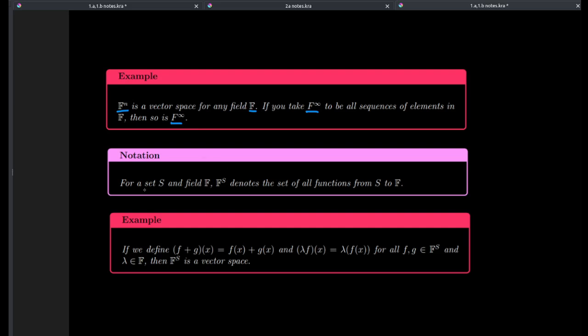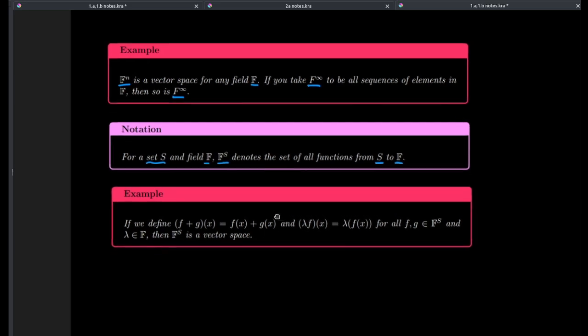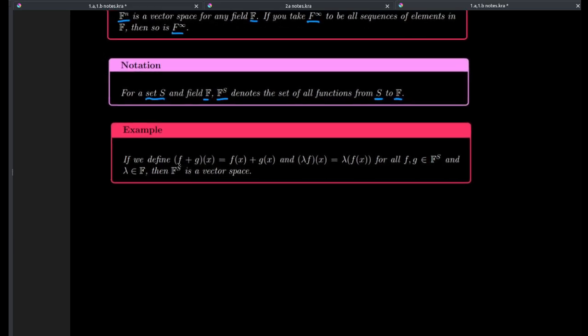Here's another thing. We'll use this notation: for a set S and a field F, we'll let F to the S denote the set of all functions that send the stuff in S to field elements. Remember, a function is defined by what it does.